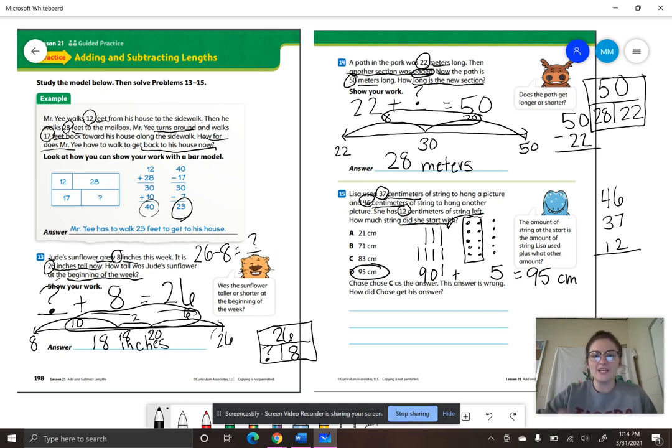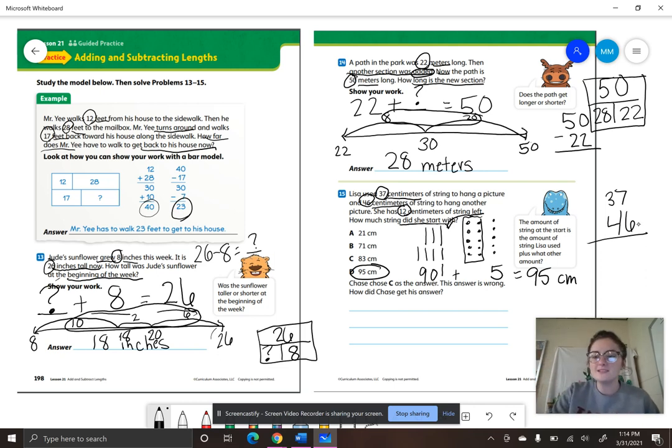Let's start by looking at the first parts that we know. We know that 37 and 46 were the first parts that we learned. But then we learned that there were 12 centimeters left over.